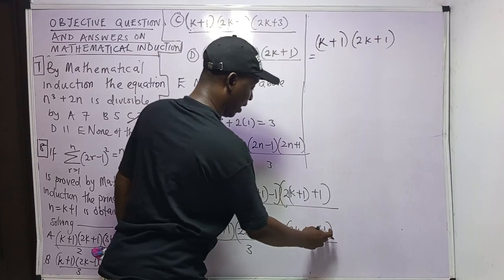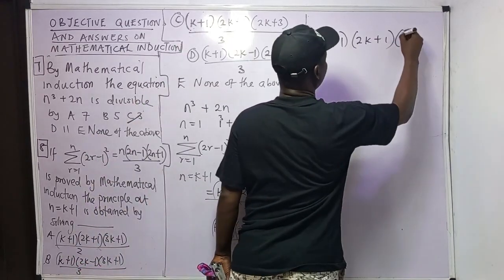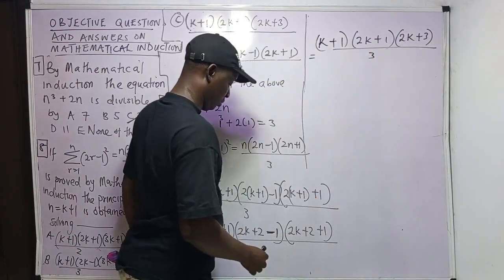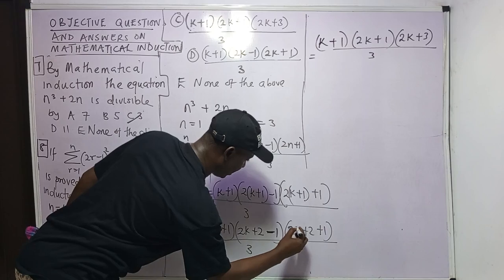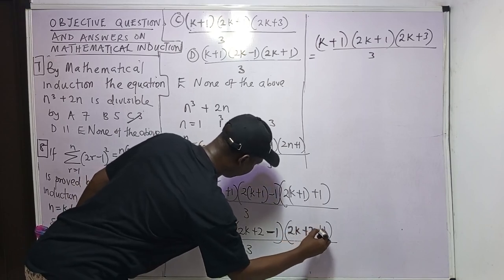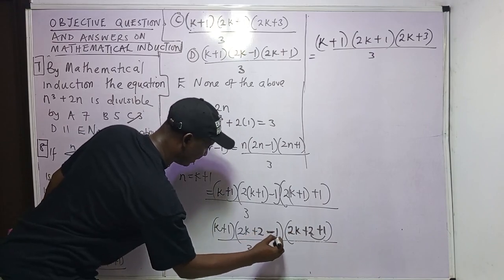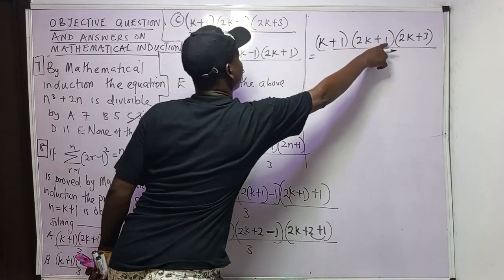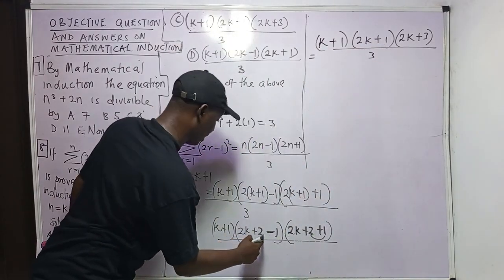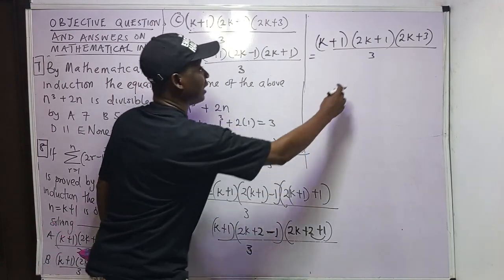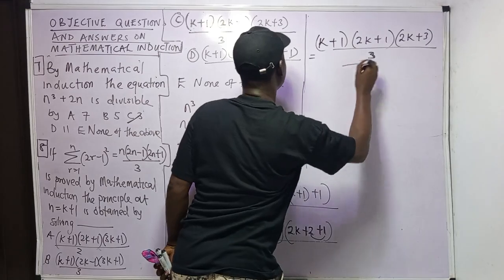Then 2 plus 1 is 3, so it becomes 2k plus 3, all divided by 3. This is 2k plus 2 plus 1. If you add this together, it's 3, and 2 minus 1 is 1. Then 2k plus 1, then k plus 1, all divided by 3. And that's what I have here. So that will be your answer.